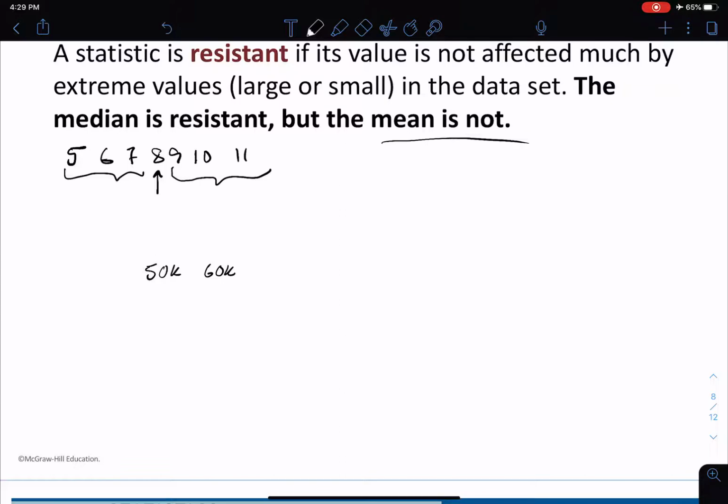I'll stack them up, another 60,000, kind of like a histogram in some ways. Someone else had 61,000, and there was a 70,000, another 70,000, and an 80,000. You might have someone that's 100,000.